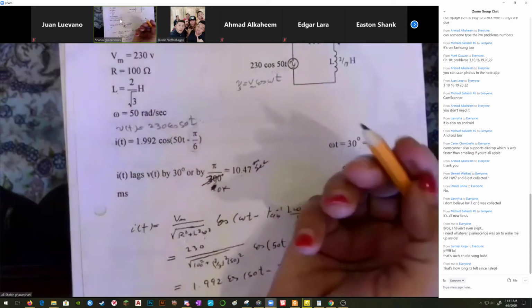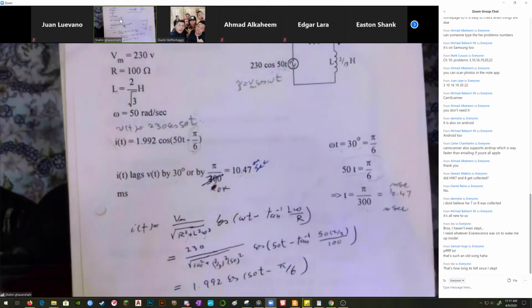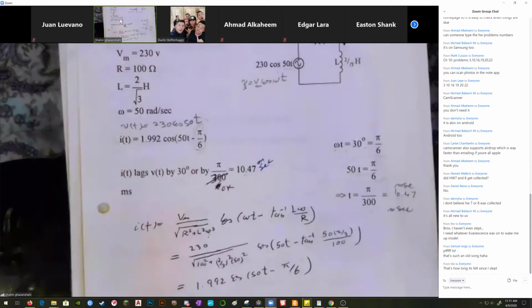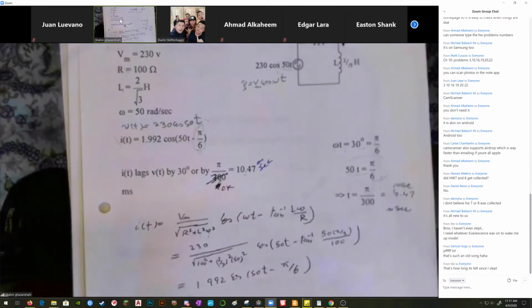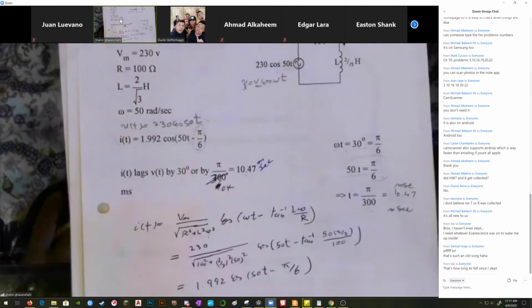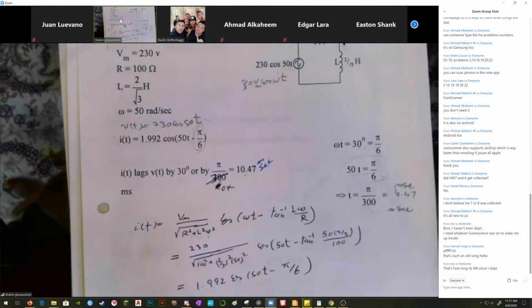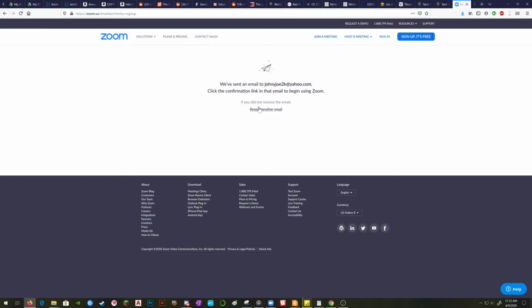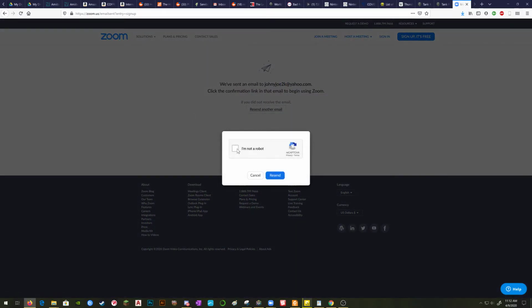Pi over 6 is equal to what? The 30 degree, no? I think he's saying that when you solve for the inverse tangent of L omega over R, it is equal to pi over 6. Yes, you get that pi over 6. Oh, okay.